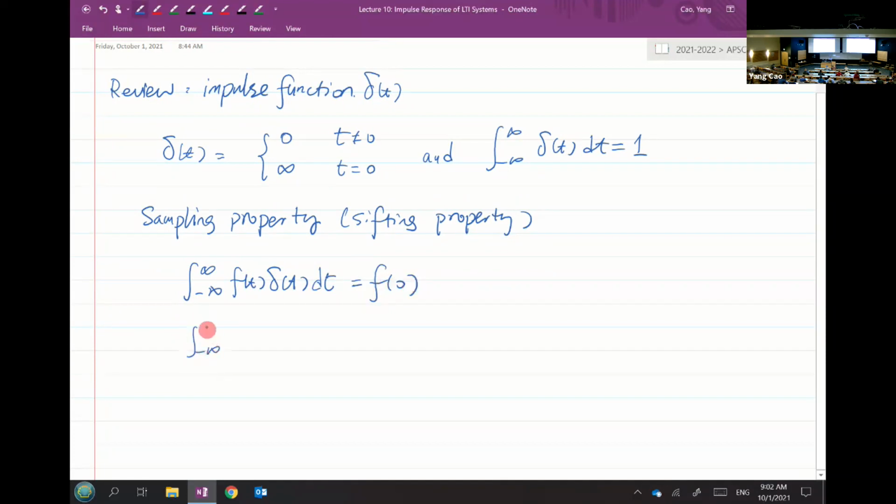If you integrate the multiplication of any function with a shifted impulse function, then you have f of capital T, the shifted value, right?